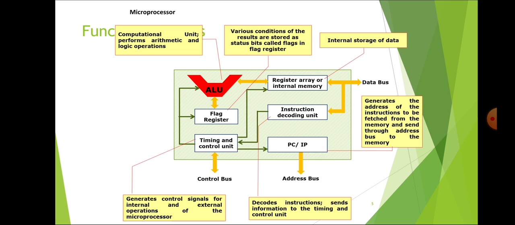Okay, so this is nothing but the work of the timing and control unit. It also synchronizes all the data transfer. It generates the control signals for internal and external operation of the microprocessor. So whatever internal and external operation you have to perform in the microprocessor, it generates the signal.